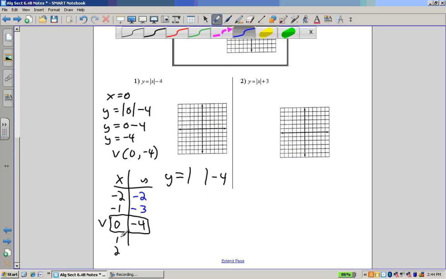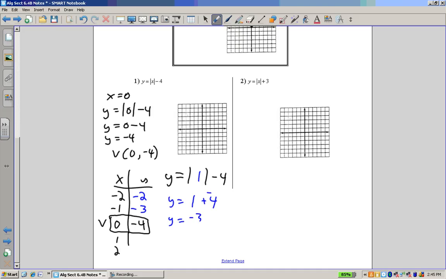Now let's plug in 1. Now 1 is 1 away from 0 on the number line. We can keep, change, change. 1 plus negative 4 is negative 3.